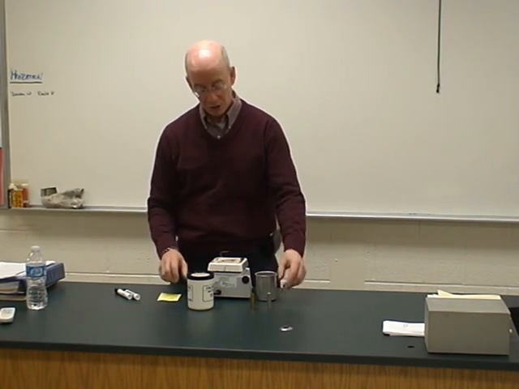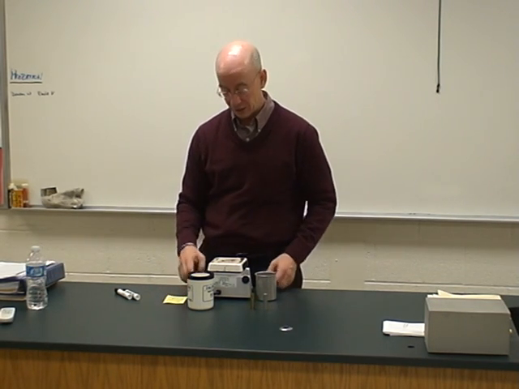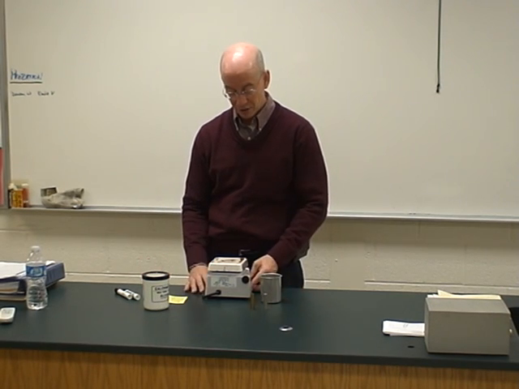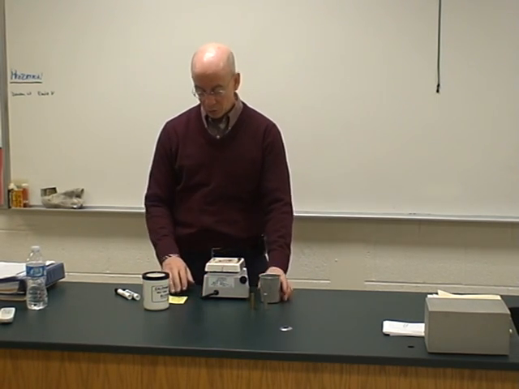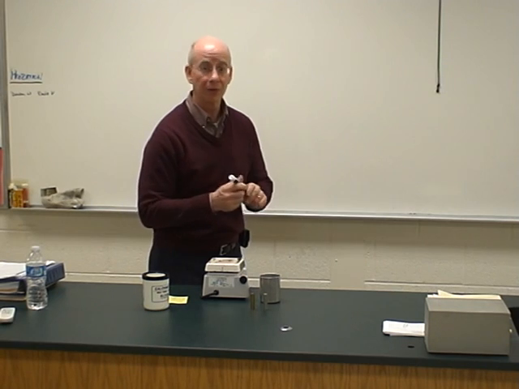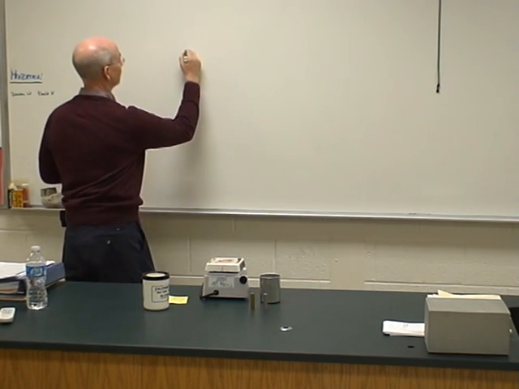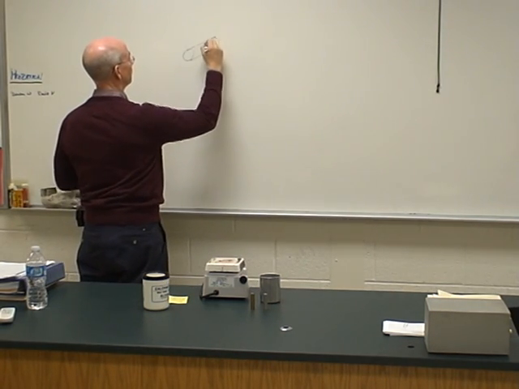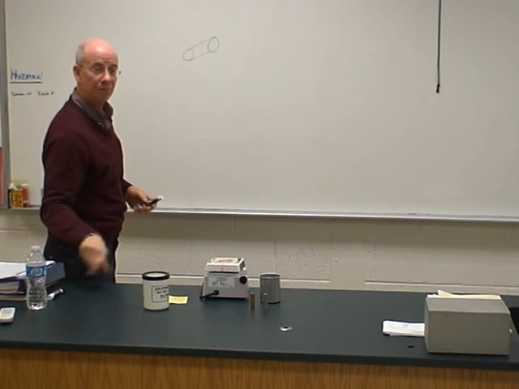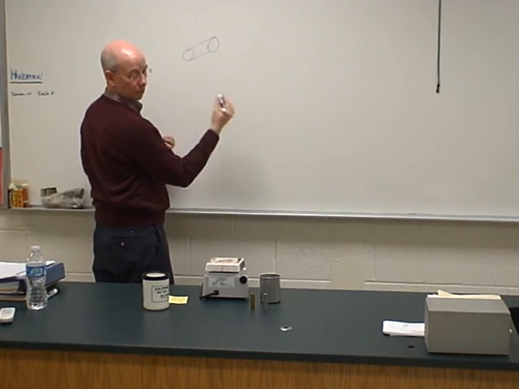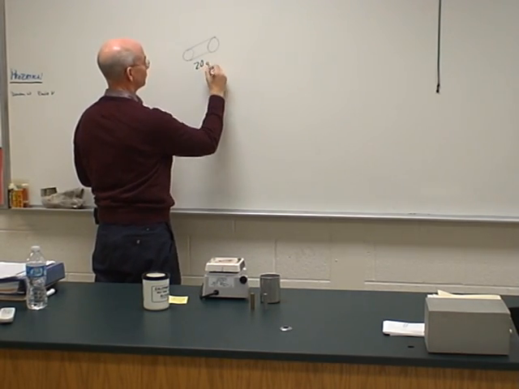Now we can do an experiment for specific heat, and that's why I have this apparatus here. What we would do, and I'll show you a picture here, I'm going to have a metal like aluminum, okay? And this metal, let's say, weighs about 20 grams.